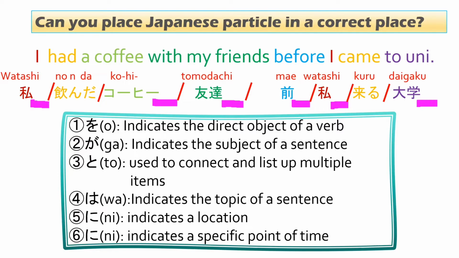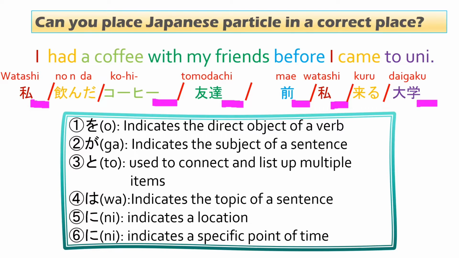The first one is o. It indicates the direct object of a verb. And next, ga indicates the subject of a sentence. And next, to, it's used to connect and list multiple items.